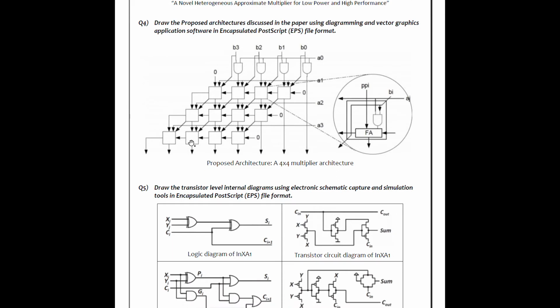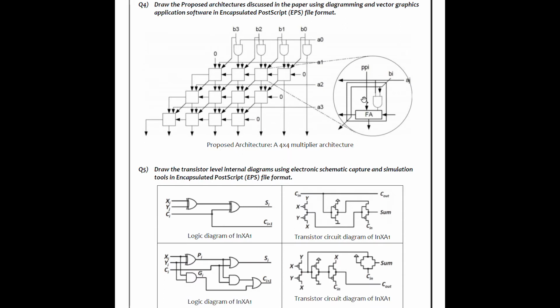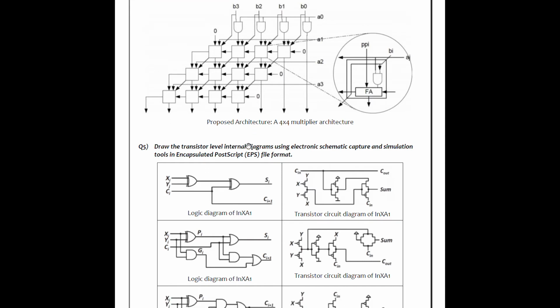There are multi-level multipliers. These are the inputs, and finally we'll get the output. And you can see each block has one AND gate and a full adder. This is the proposed architecture that was there in the paper.